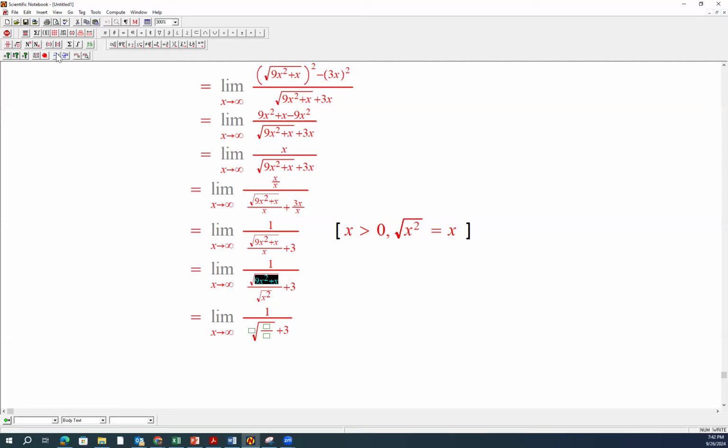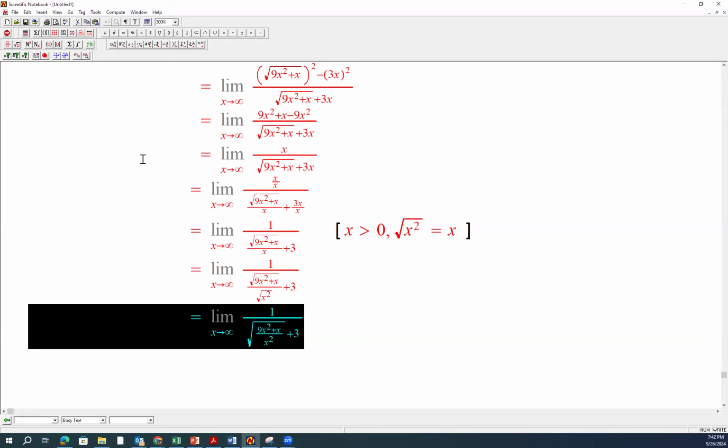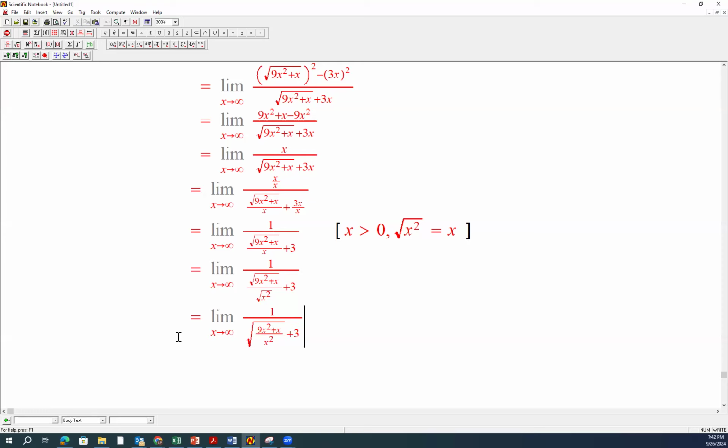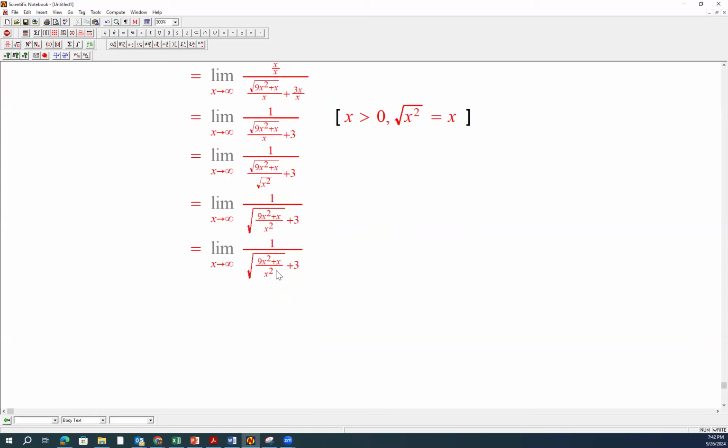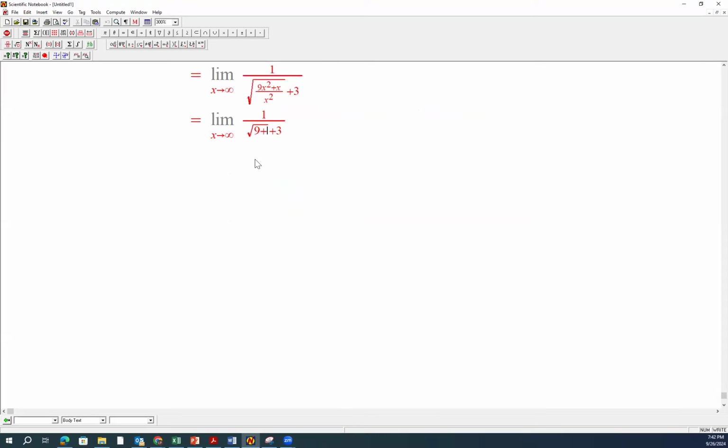So 9x squared plus x divided by x squared. That's why we are doing this. And x squared divided into 9x squared, so we get the next step: a 9 plus 1 over x.